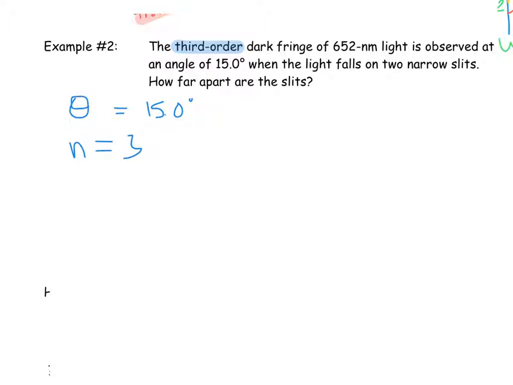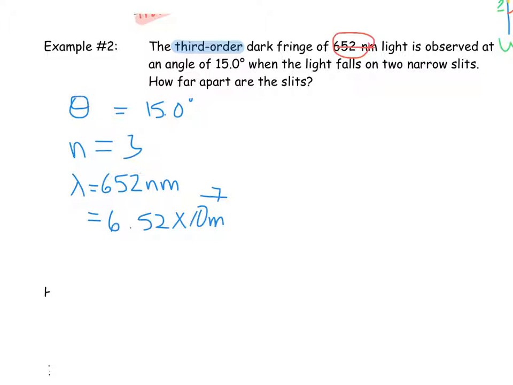It's also telling me that the wavelength of light is 652 nanometers, and of course, I'm going to want to convert that into meters. So 6.52 times 10 to the power of negative 7 meters.